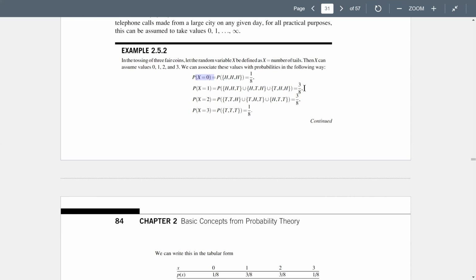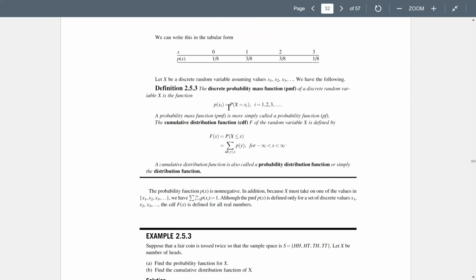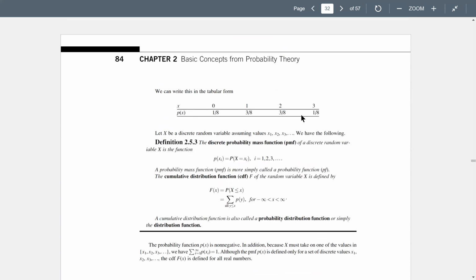So there are 3 of them out of 8, and so forth. So you can build a table with value and probability. As I mentioned earlier, the value of the random variable can be chosen according to a certain probability, and this is an example.